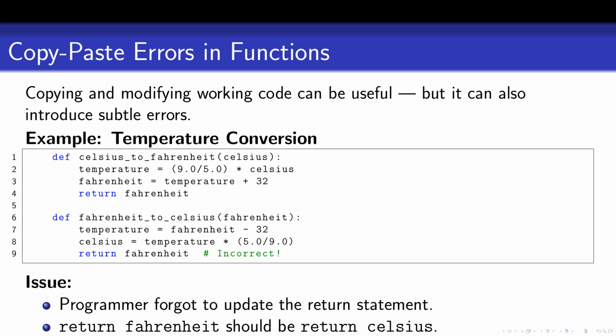Instead of returning the final Celsius value, it mistakenly returns the original Fahrenheit input. Errors like this don't always produce immediate runtime issues, but they cause incorrect results and hard-to-find logic bugs. It's a reminder that even small oversights, like not updating a return variable, can impact program correctness. Always double-check return statements when duplicating code, and consider writing unit tests to catch these subtle mistakes early.